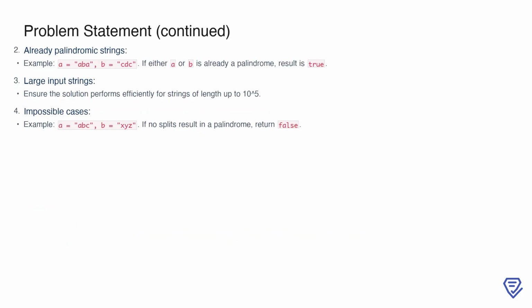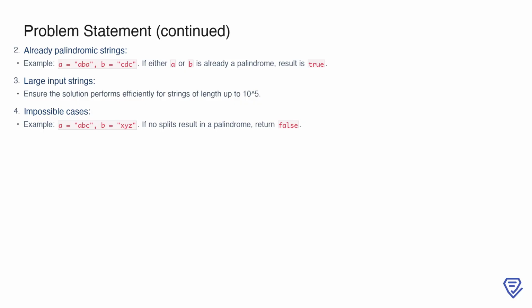There are some constraints and edge cases to keep in mind. First, the lengths of A and B are always equal, and they can range from 1 to 100,000 characters. Both strings consist only of lowercase English letters. One edge case to consider is when the strings are only one character long, like A equals A and B equals B. In this case, the result is always true because any single character is inherently a palindrome.